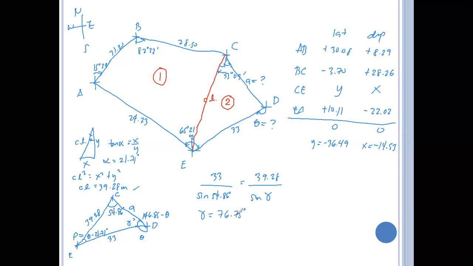Okay, then equate this to 146.85 minus theta. This gives us the value of theta as 70.1. So of course, if you want to convert this to DMS format or degrees minutes seconds, this will give us 70.06, no? So obviously the direction is southwest.